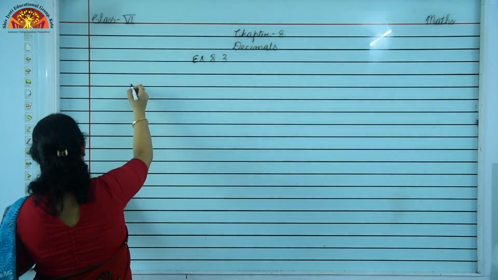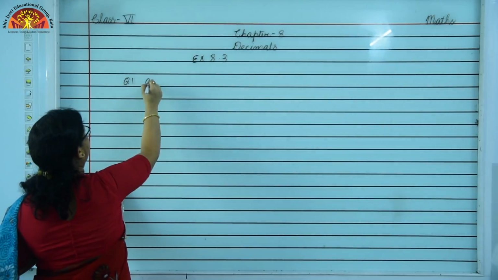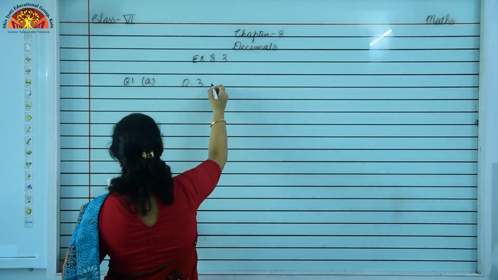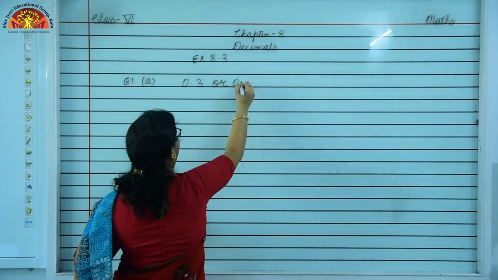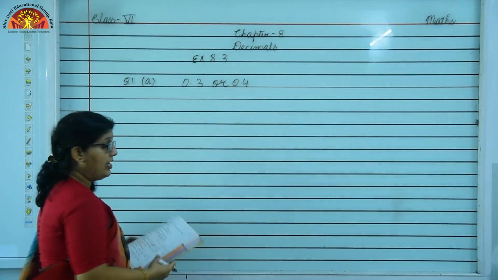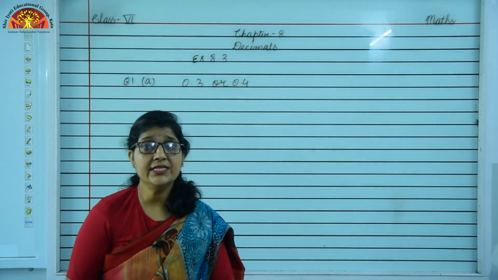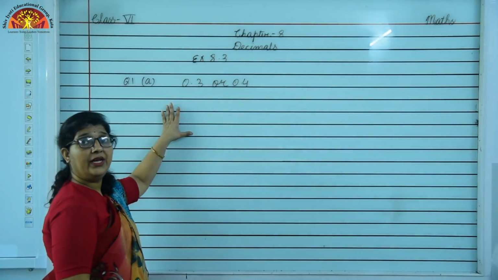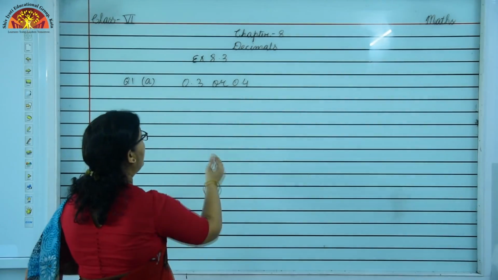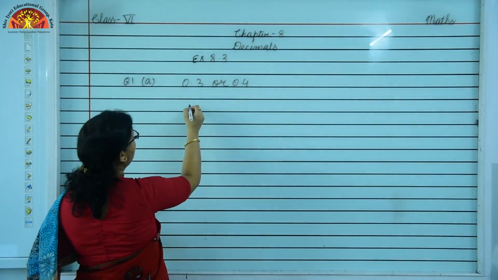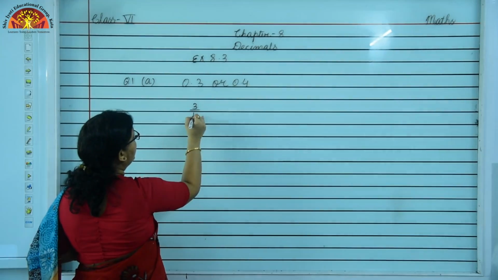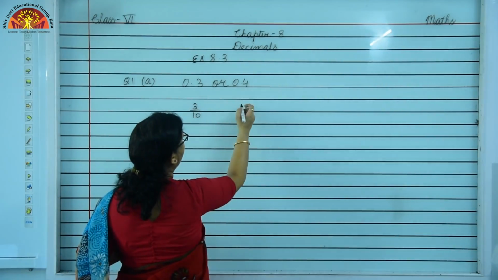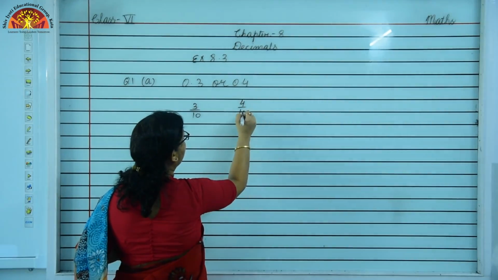A part of this, question number 1, A part: 0.3 or 0.4. You find which is greater. Now students, first we convert these numbers into decimal fractions. This is 3 upon 10 because we have one digit after decimal, and this is 0.4, again 4 upon 10.